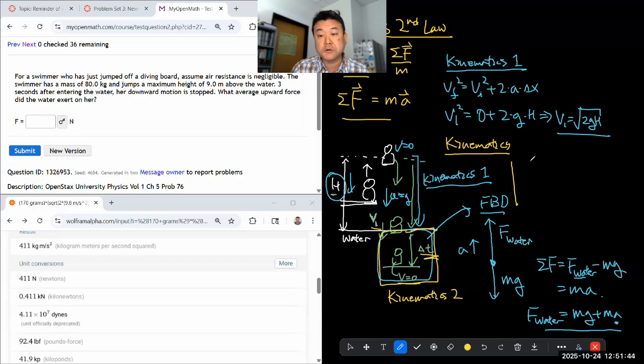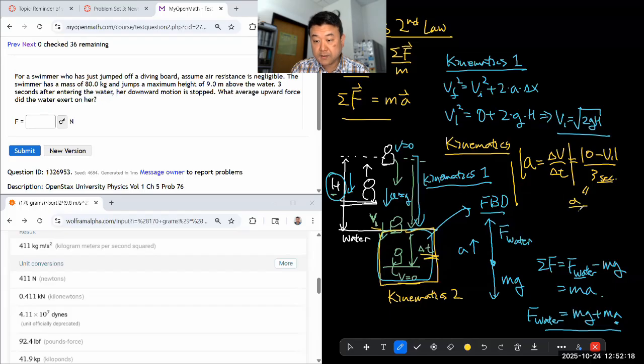So acceleration is equal to change of velocity over duration of time, final minus initial. I'm going to deal with just the absolute values: absolute value of final 0 minus initial v1, divided by the duration of time, that's 3 seconds. If I put this into the calculator, I'll get a value for acceleration.